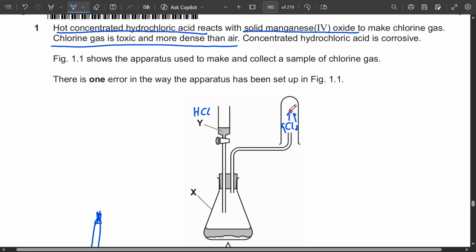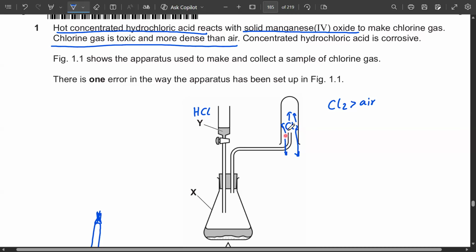apparatus or container. But at the same time, if the chlorine gas is denser than air, then definitely it cannot be collected inside of it. And the mouth is already open. It is open, so chlorine gas will go downward. So we should think of the correction that must be made by which the chlorine gas can be correctly collected.